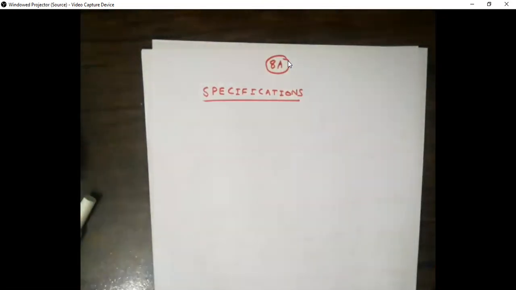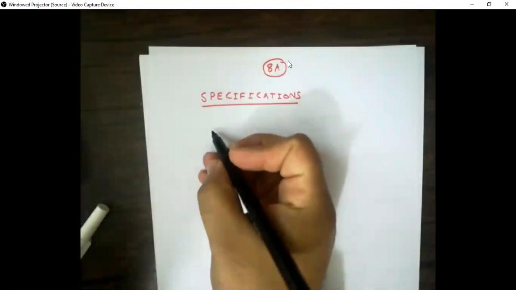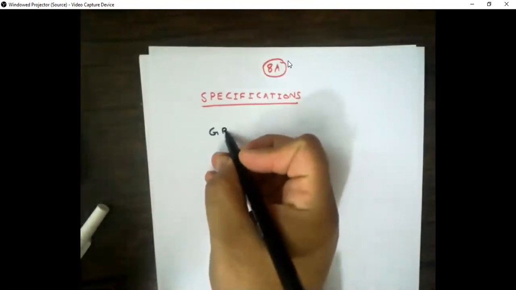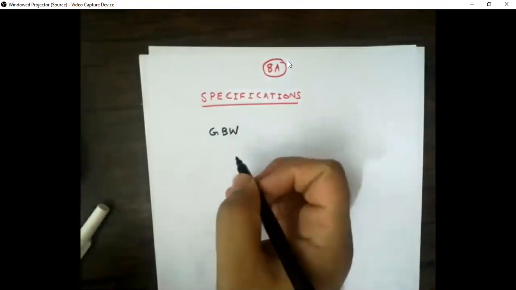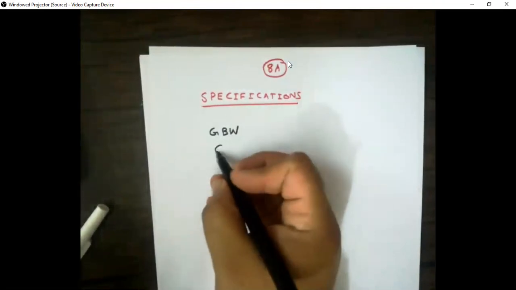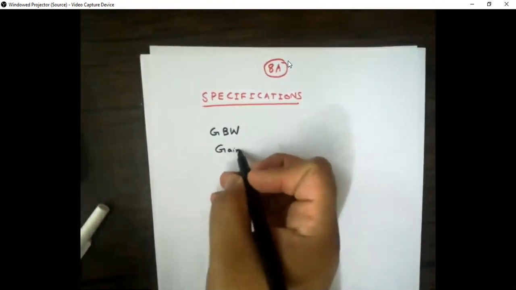What are those specifications? They are the ones based on which we are going to do the design, provided to us by some vendor, or some specification requirement from our application. For example, what is my gain bandwidth, right? What is my gain of an amplifier?